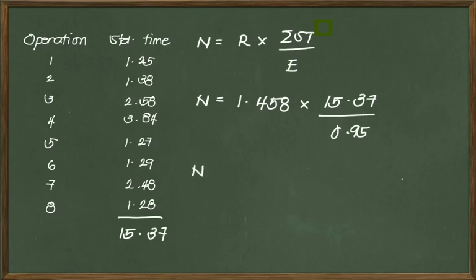So your N is 23.59 or 24 operators. So again, we always round up our answers when we compute for the theoretical number of operations or operators or stations in the line.